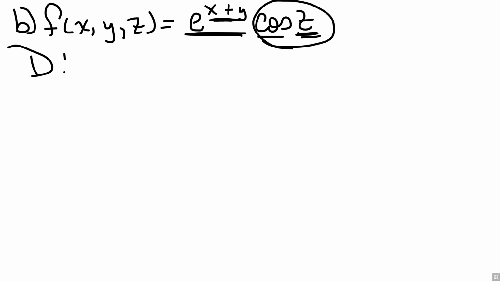Are there any values that will make the cosine function undefined? No. Okay, so we already said that there was no issue with the e portion, and there's no issue with the cosine portion.